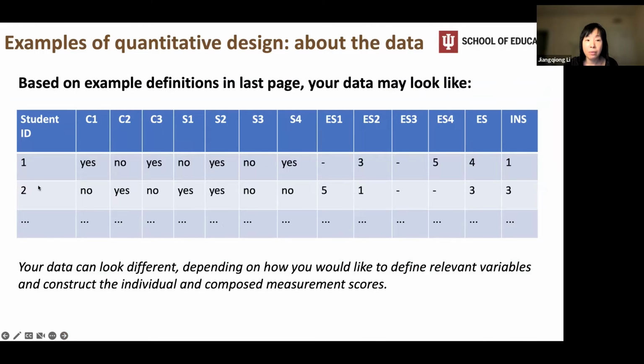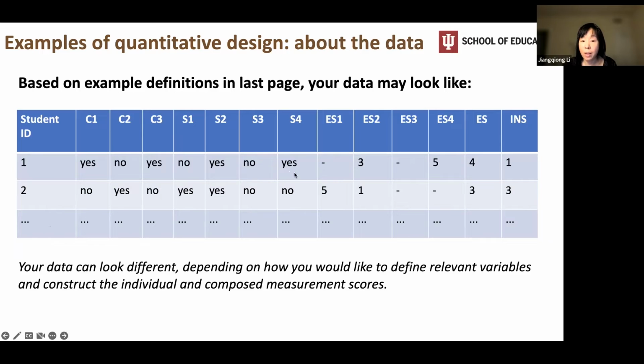So here, if you can read it, we have student ID, depending on how many respondents have responded to your survey. And we have 3 measures, C1 to C3, as challenges, and each of them will be answered as yes or no. And then we have 4 measures of support systems.